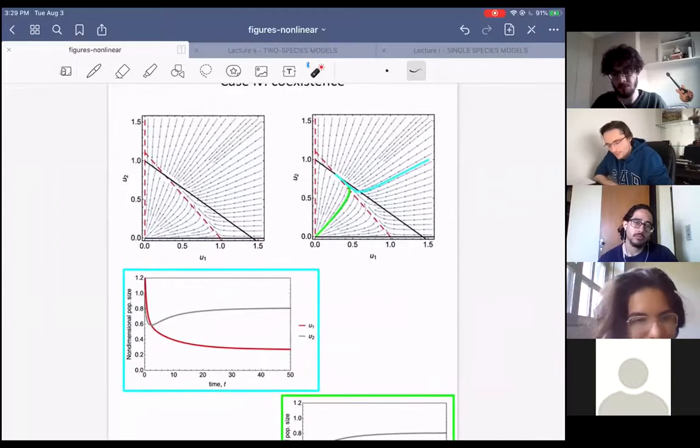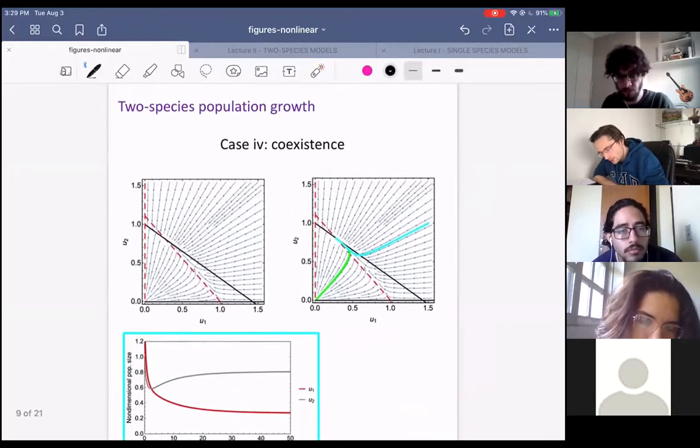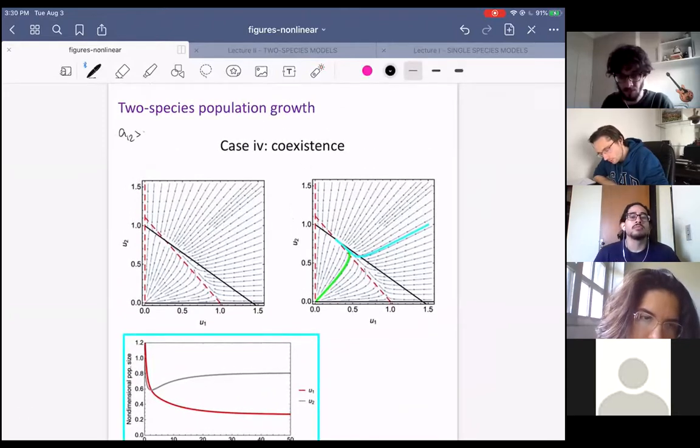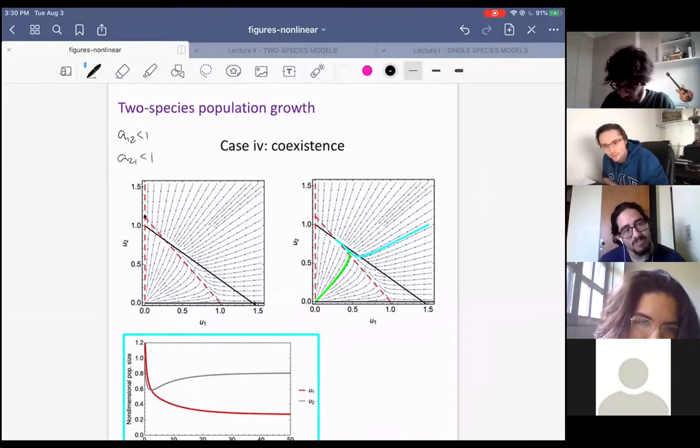So in this case, let's write our conditions here: A12 is smaller than 1 and A21 is smaller than 1. Then these crossing points now are larger than 1, because remember that this is the inverse. So the point still exists. It's still in the first quadrant.